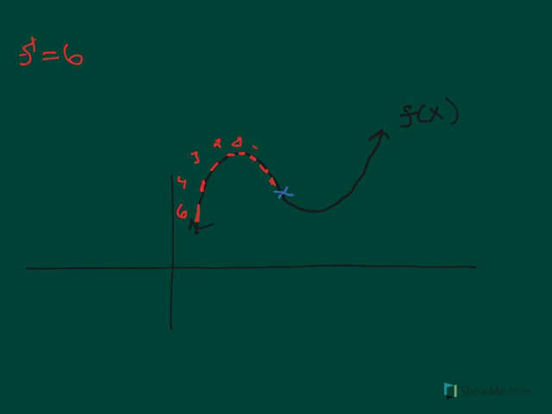So maybe -1, -2, because it's steeper and going down, -3. So f prime is going to have values of 6, then 4, then 3. Again, these are all hypothetical numbers. Then 2, then 0, then -1, -2, -3.